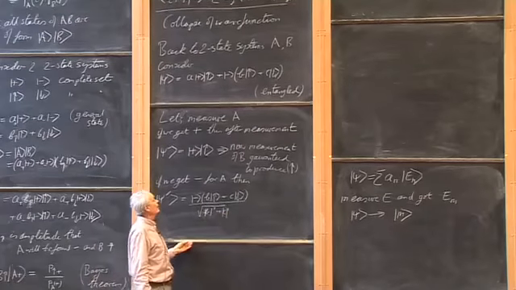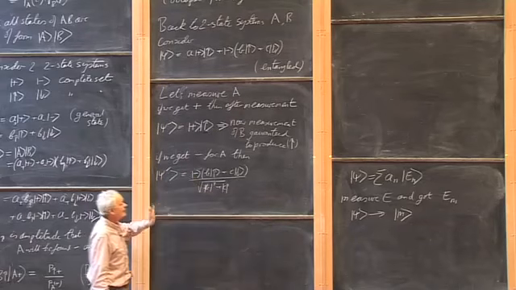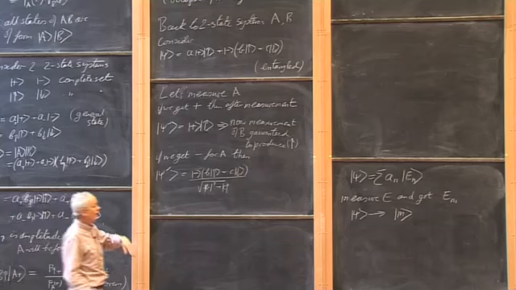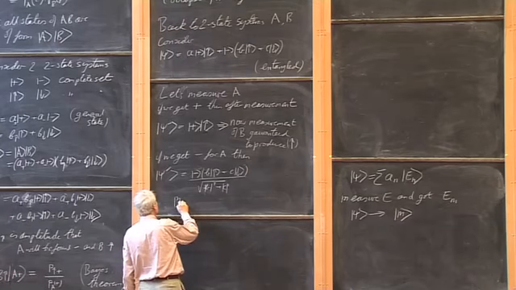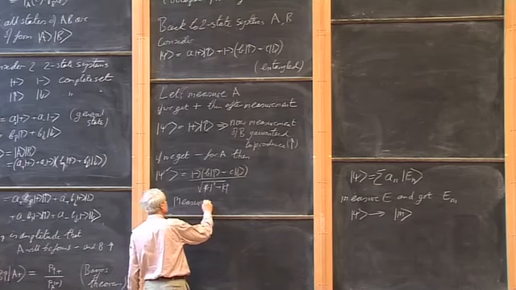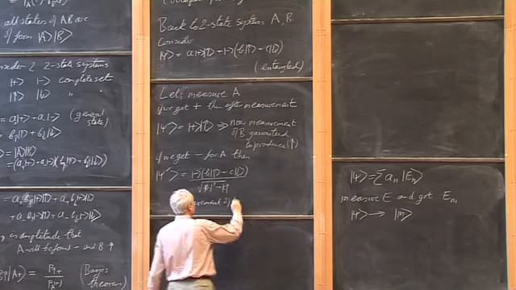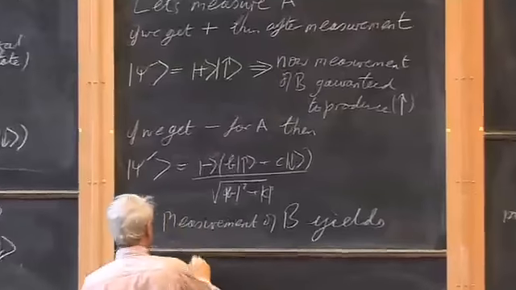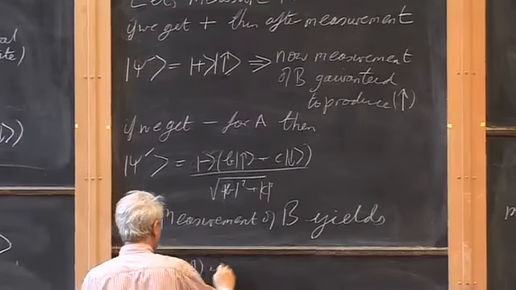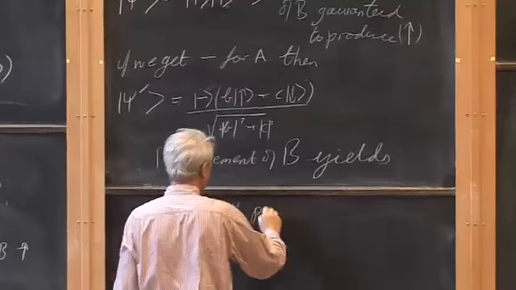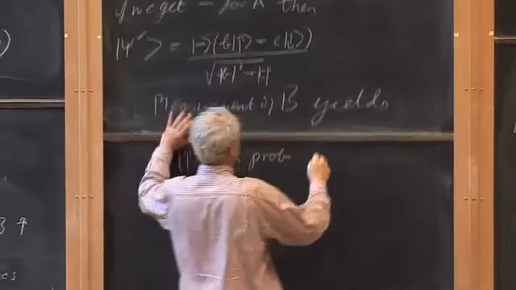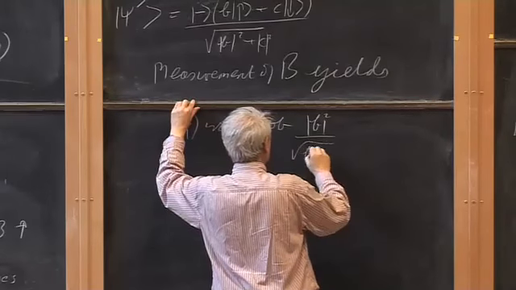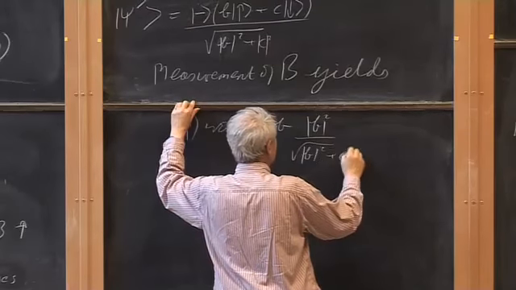And now, if we get minus, there is now uncertainty as to what the result of a measurement on B will be. So now measurement of B yields, for example, up with probability B squared over the square root of B squared plus C squared.